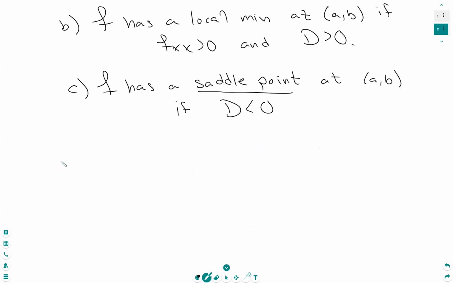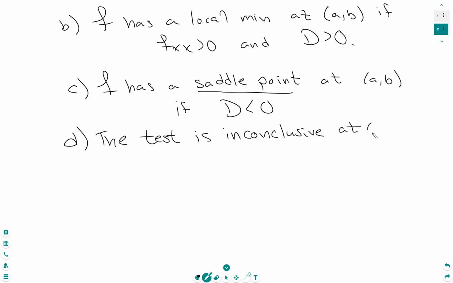So that certainly means that I had a max and a min in different directions. And then we finally have our fourth option here. The test is inconclusive at the point (a, b) if D is equal to 0.